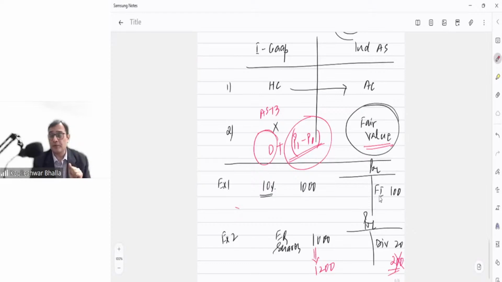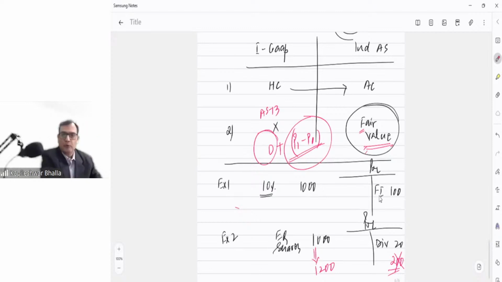Even if it was a short-term investment, it used to be taken at cost or market price, whichever is less. But Ind AS has introduced the concept of fair value accounting, that we are going to capture the gain. We are also going to capture the loss. The fair value changes in terms of gains and loss will be taken.